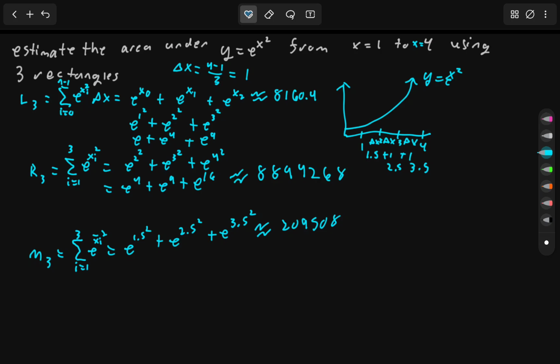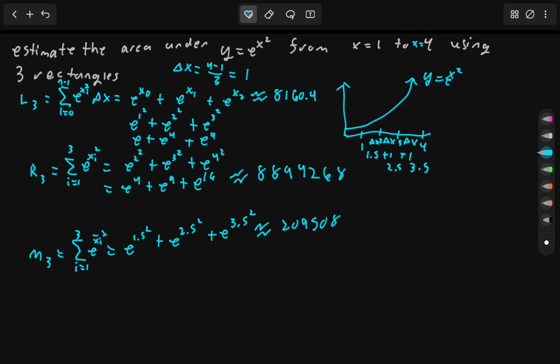So the reason why the left-hand sum is actually going to be an underestimate of the area under the curve is because the curve is increasing. We're always going to have a small bit of area between the height of the rectangle and the value of f of x. The reason why the right-hand sum is an overestimate is because f of x is increasing as well.